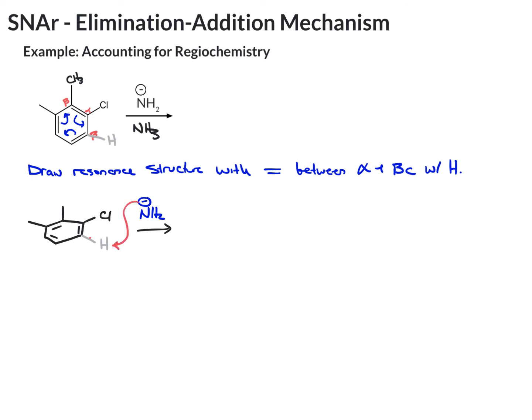So we're going to form it like this. And then from there, we can end up adding the nucleophile to either of these positions. So without going through the full mechanism, we can predict the products.